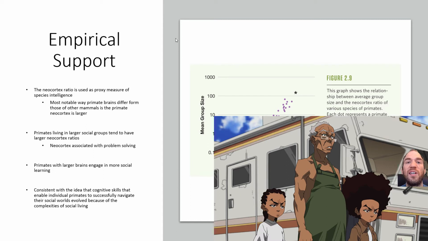And the neocortex, again, is associated with higher conscious behavioral outcomes, such as problem solving, motor skills, sensory perception, conscious thought, etc. This relatively larger neocortex, as represented through the neocortex ratio, is necessary because of the complexity of living in groups among primates, and obviously we're going to look at humans.